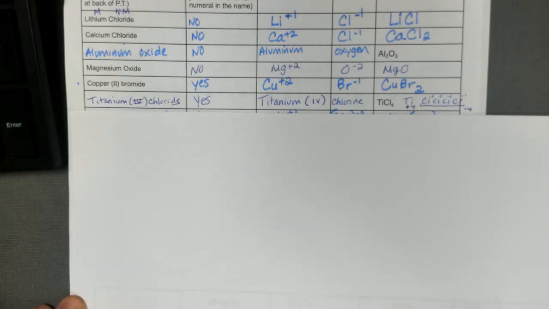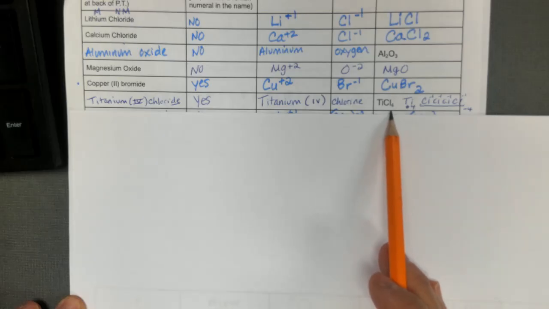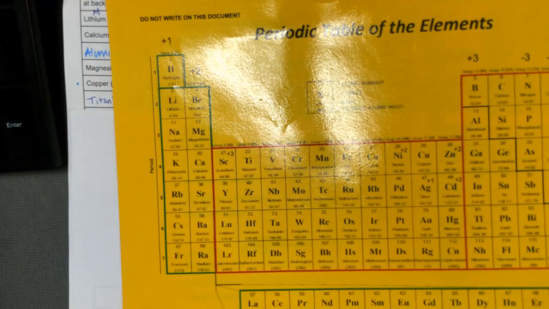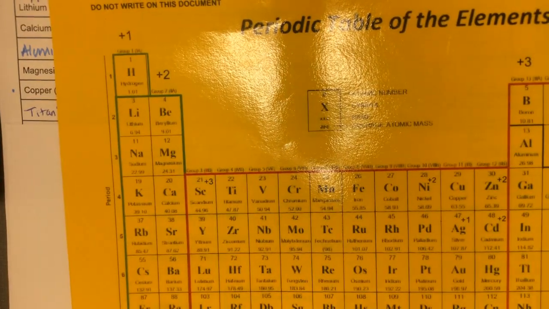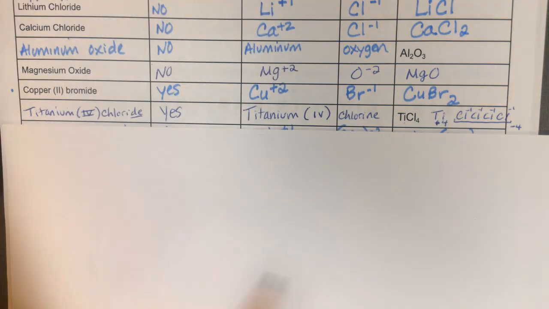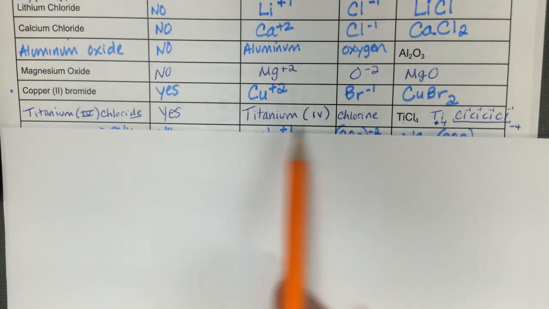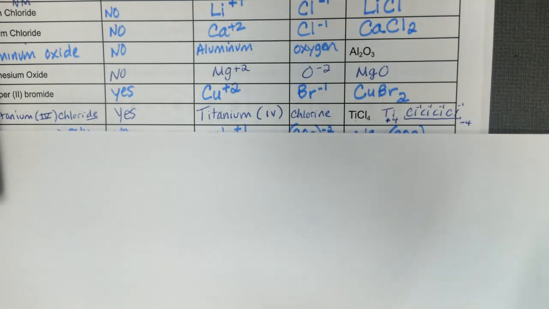Okay, let's look at this one going backwards. This one can be a little tricky. So here I have TiCl4. Ti, if I find it on my periodic table, is right here. Now that's a transition metal, so I know I'm going to need a Roman numeral. Cl is chlorine. So how do I know what Roman numeral I need to use? There's 2 ways you can do it.